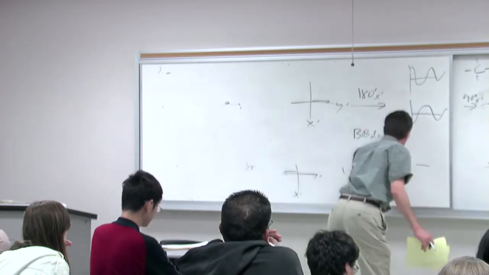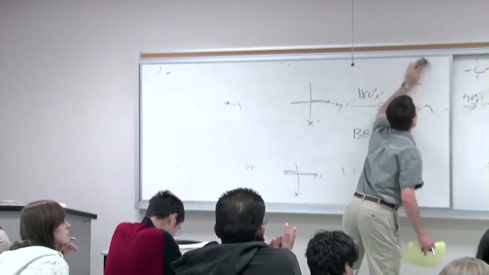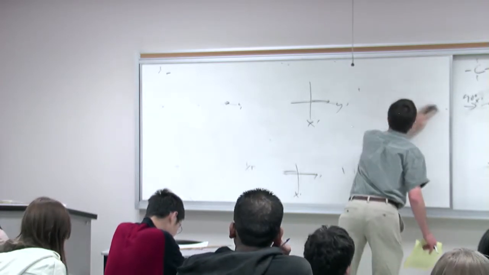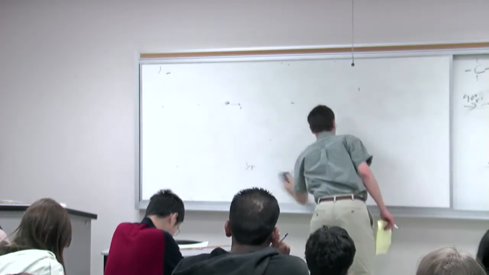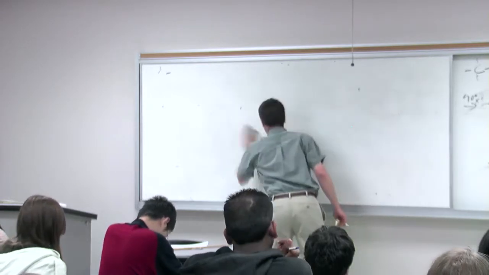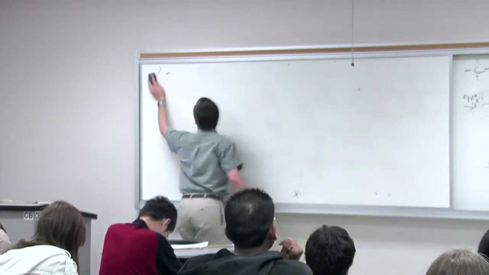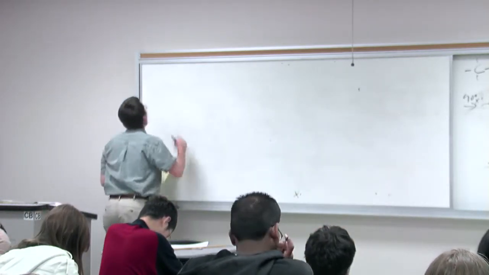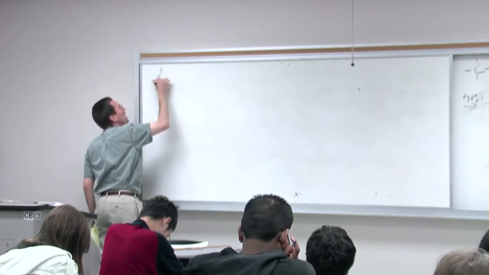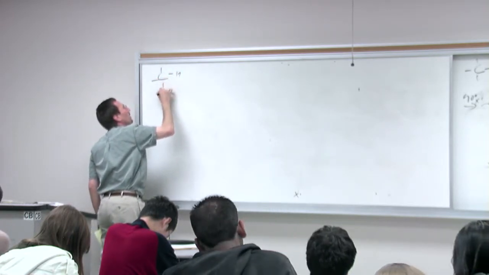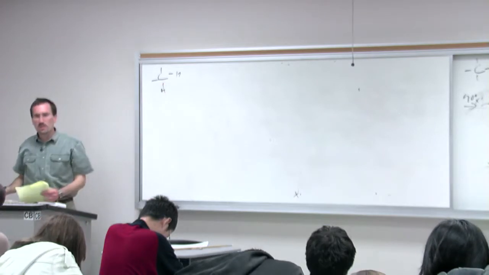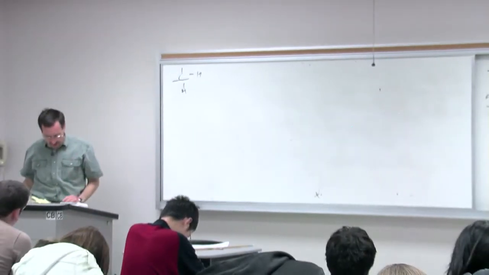Let's move on to our methylenes at this point. All right, so our methylenes now you can think of as being composed of 3 different vectors.